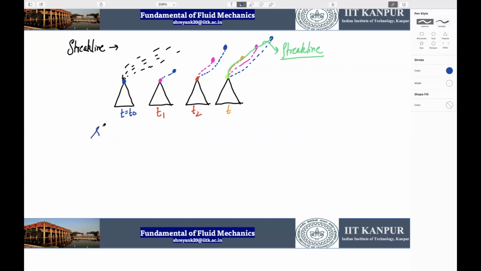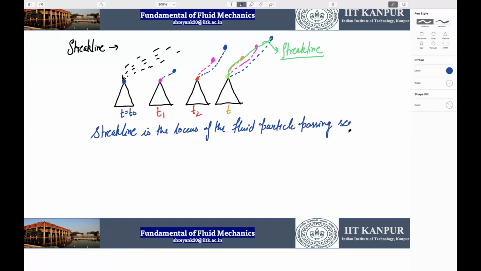So a streak line is the locus of the fluid particles passing sequentially.